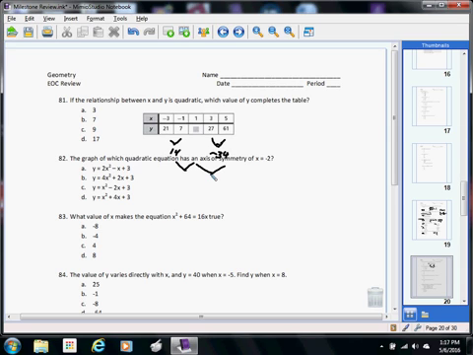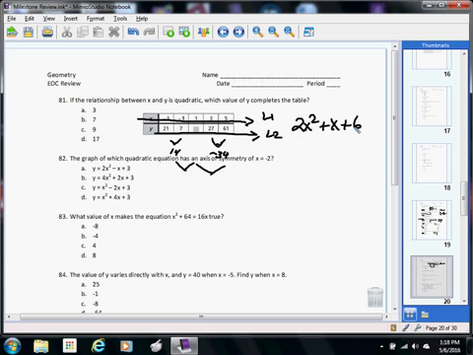If you use your calculator to do a quadratic regression, put these numbers into L1, put these numbers into L2, you can find out that the quadratic regression that you'll get will have an equation of 2x squared plus x plus 6.